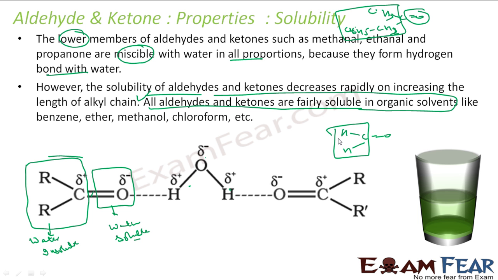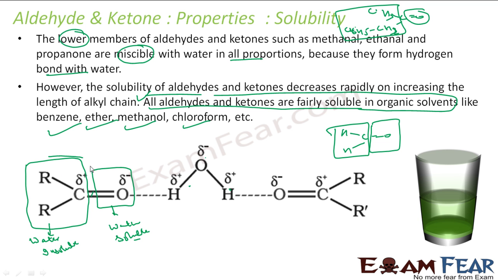So any aldehyde and ketone is soluble in organic solvent, for example benzene, ether, methanol, chloroform. Acetone is also an organic solvent. So just understand that lower aldehydes and ketones are soluble both in water and organic solvent because they have this water soluble part and organic solvent soluble part.